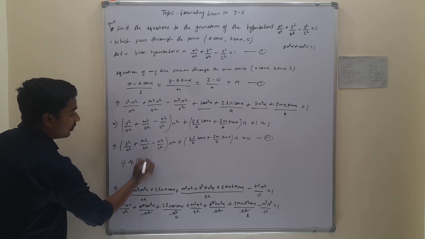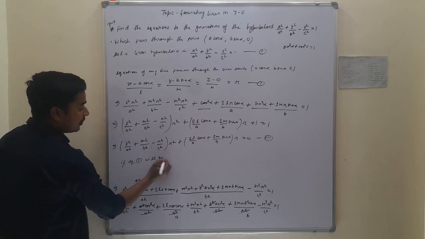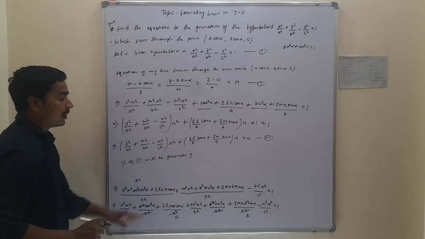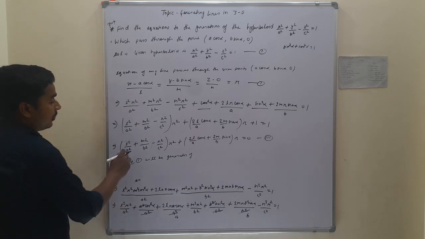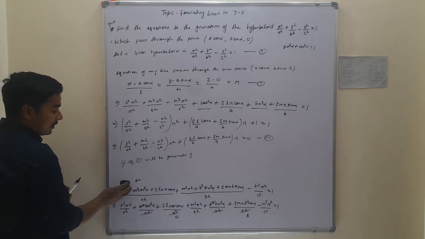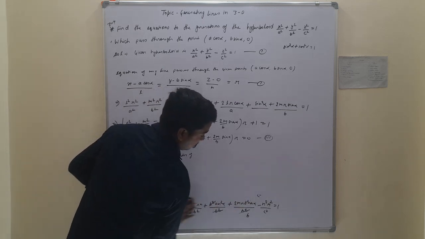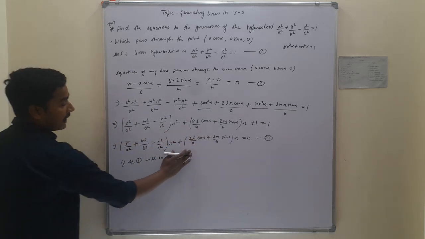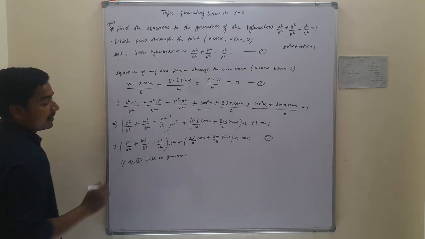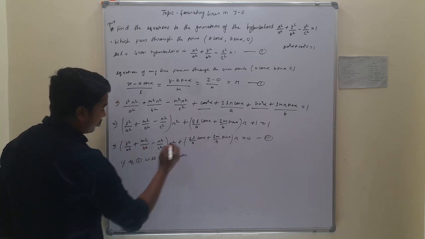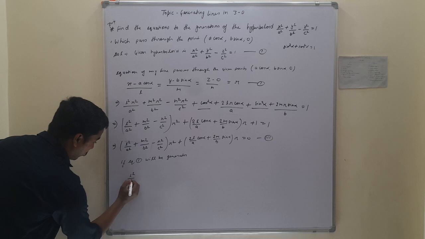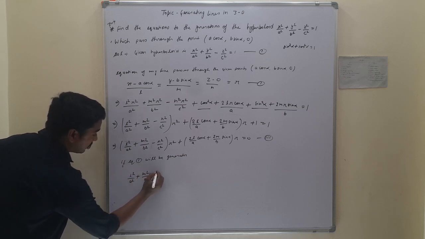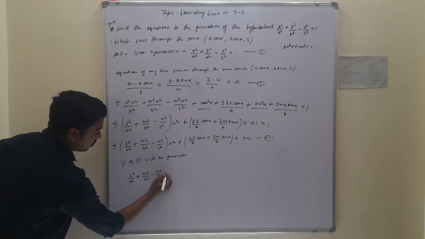If equation 1 is to be the generator of equation third, then we put the coefficient of r square and the coefficient of r equal to 0. This gives l square upon a square plus m square upon b square minus n square upon c square is equal to 0.